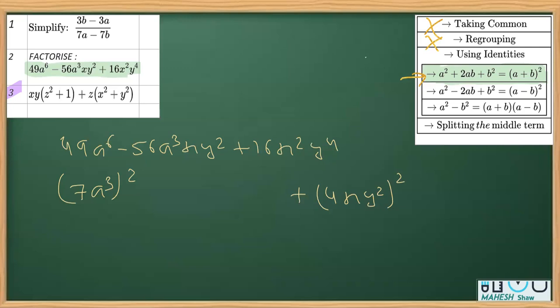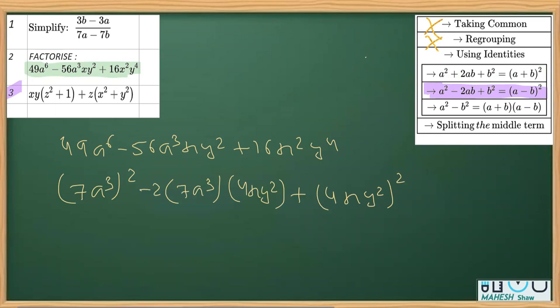So once we have identified what is a for us and b for us, then we can write the middle term as minus 2ab, as there is a minus sign in between. So we'll be writing minus 2 times a into b, a being the first term, that is 7a cube, and b being the second term, that is 4xy square.